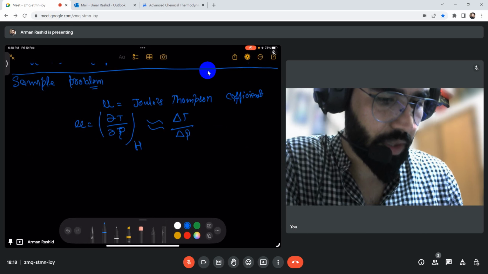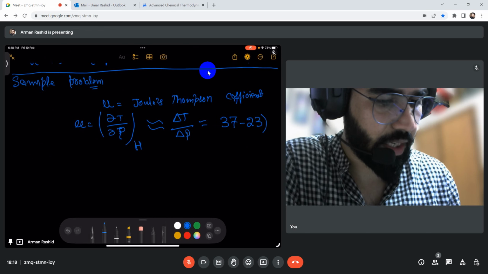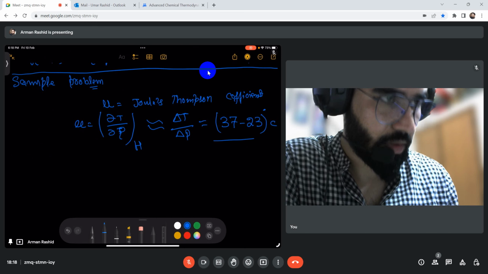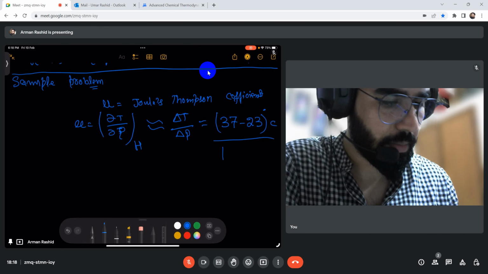The initial temperature was 73 degrees Celsius, and the final temperature was 23 degrees Celsius. And how much was the pressure dropped? From 1.5 to 1 atmosphere. So from this we can determine that mu is 28.28 degrees Celsius per atmosphere. So this is the answer to the question.